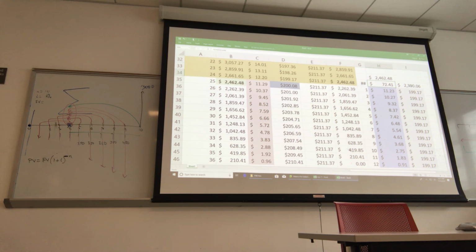What's the internal rate of return? Victor? It's the present value that sets... No. The internal rate of return is the rate that makes the present value equal to 0. Which means what? It's a fair... No, it's not the fair number. The internal rate of return is the rate that makes whatever I pay and whatever I get, in today's value, in present value, equal, which means that the loan is fair.